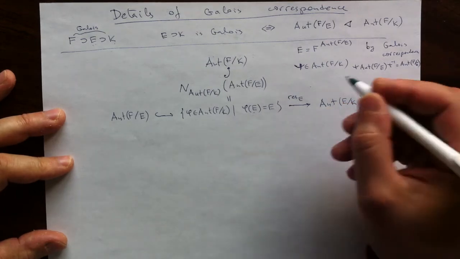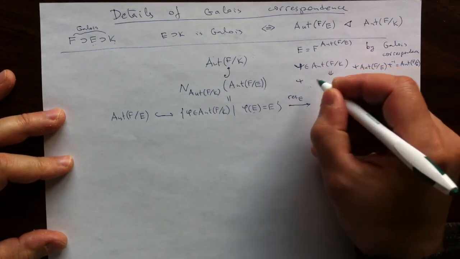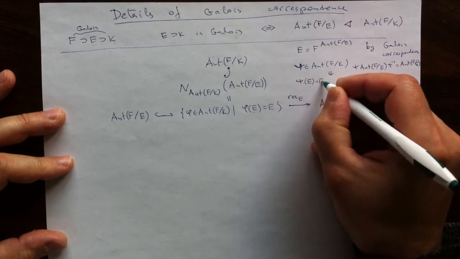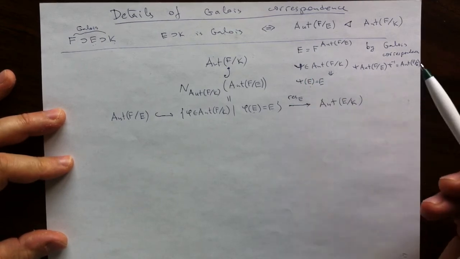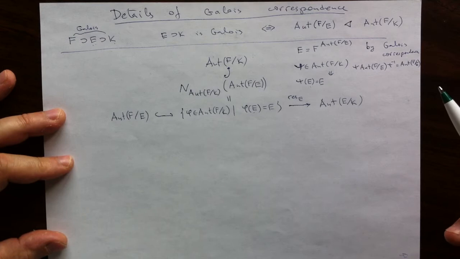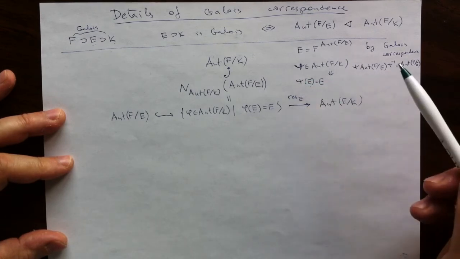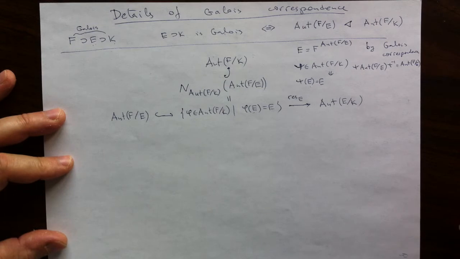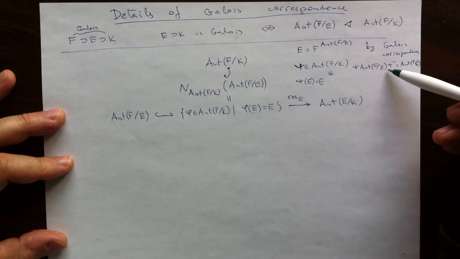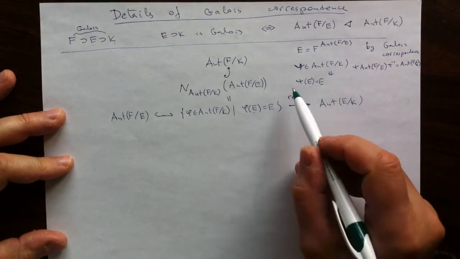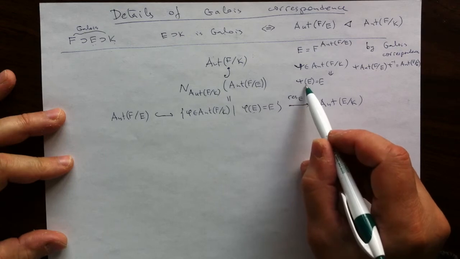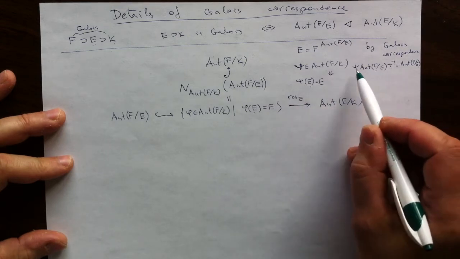But why is that? What we have to argue is that psi is not moving E as a whole. So let's see what psi of E is, which is another subfield of F, isomorphic to E; the image of an automorphism of a subfield will be another subfield. So let's take any element in this group and see it as a conjugate of something again in this group and in our psi, and let's apply it to this side. So what we have is psi of E, and then psi inverse, and then something which stabilizes E, and then psi.